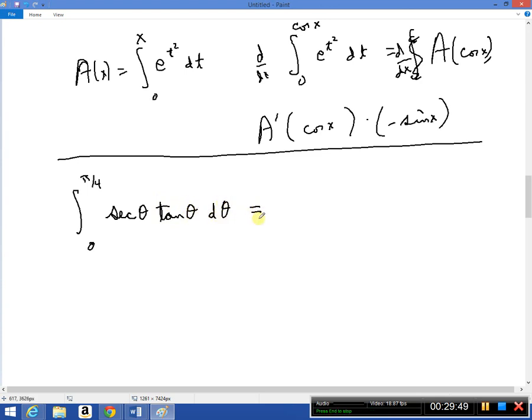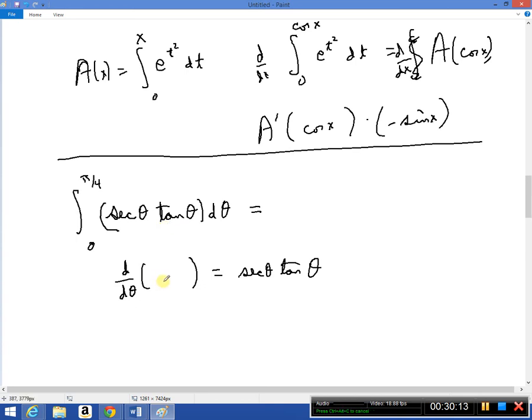Okay, in order to do this problem, I need an antiderivative for this function. But I've seen secant theta tangent theta before. The question is, what do I put in the parentheses so that the derivative of what's in here is equal to secant theta tangent theta? Because I'm looking for an antiderivative for this guy.